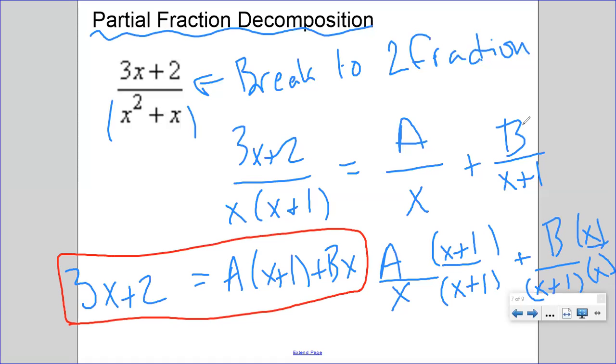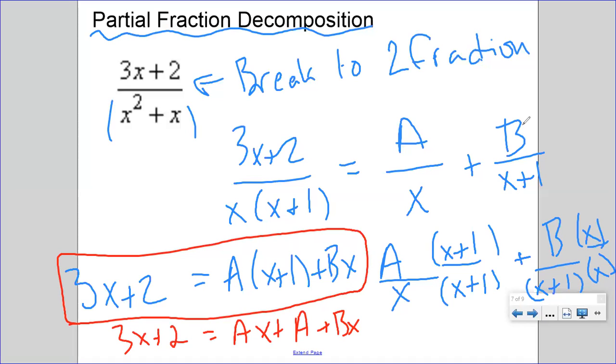So in the problem, we're trying to essentially break it down into two fractions. That's it. Okay, so with that in mind, we know that essentially ax plus a plus bx has to equal 3x plus 2.